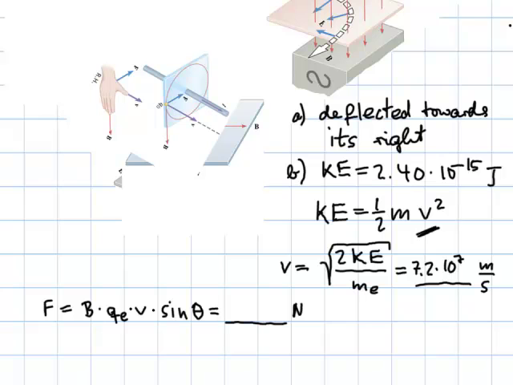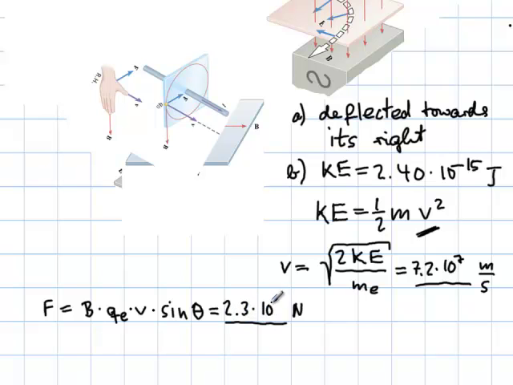So I plug in numbers. There is a given magnetic field of 2.00 times 10 to the negative 5 tesla times the charge of the electron, 1.602 times 10 to the negative 19 coulombs, times the velocity that I just calculated of 72 million something, and I come up with a force of 2.3 times 10 to the negative 16 newtons.